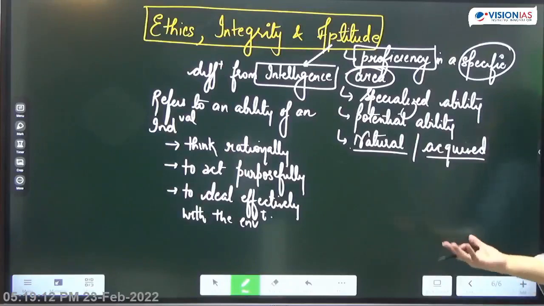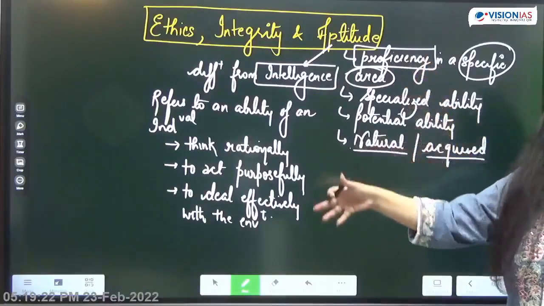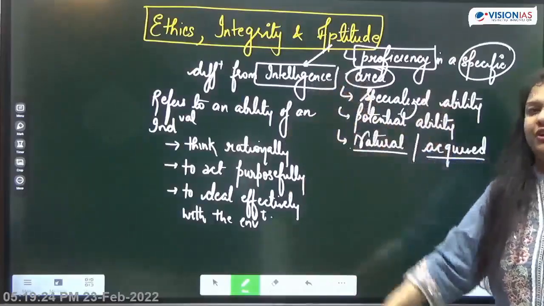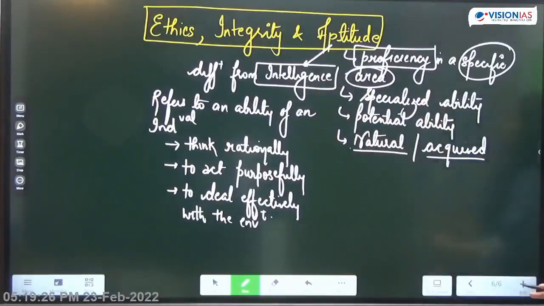The traits required to be a good administrator came naturally to you. Or maybe you have acquired it over a period of time. But not possessing a certain aptitude does not question your intelligence, because these two concepts are different. Is that clear? Is this making sense?